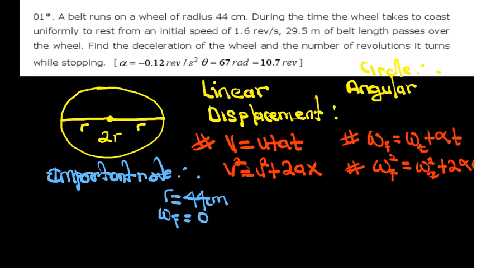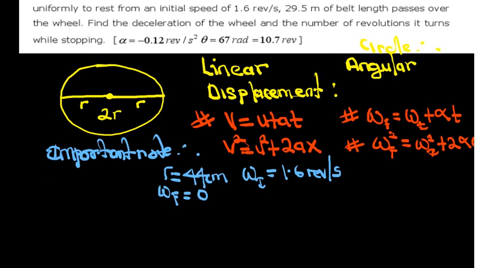Okay, and then we have from an initial speed, meaning the angular speed or the angular velocity. The initial angular velocity is going to be equal to 1.6 rev per second.